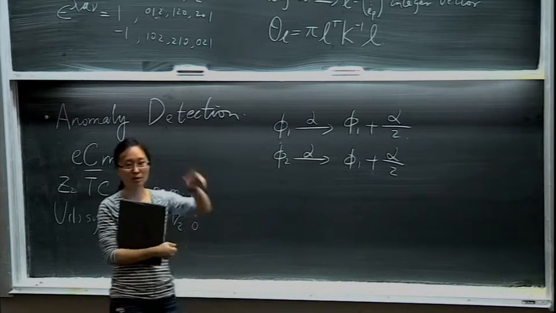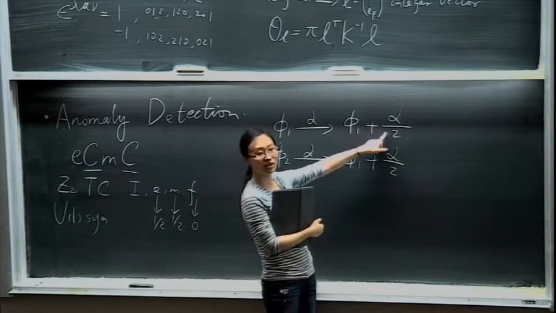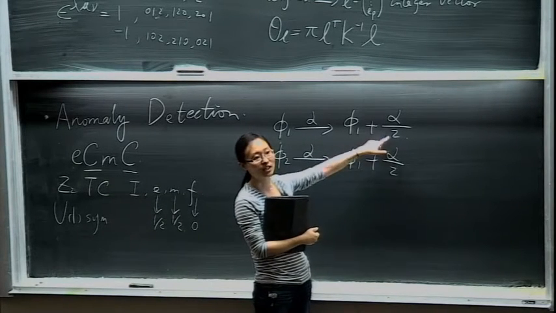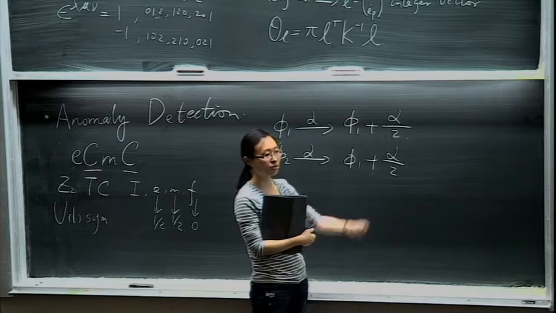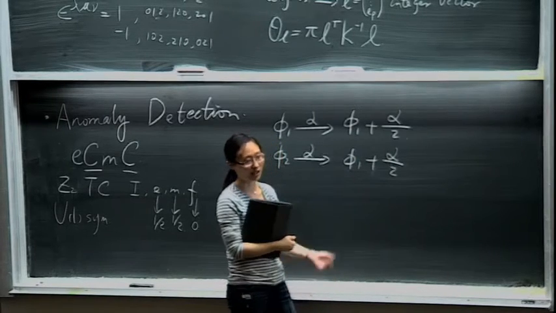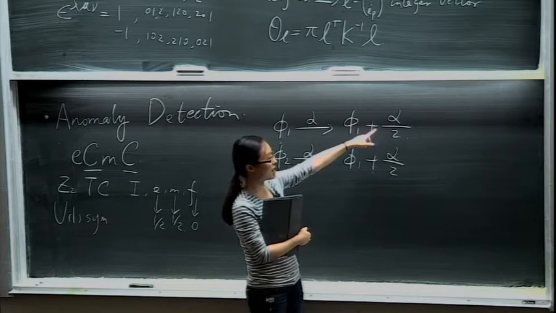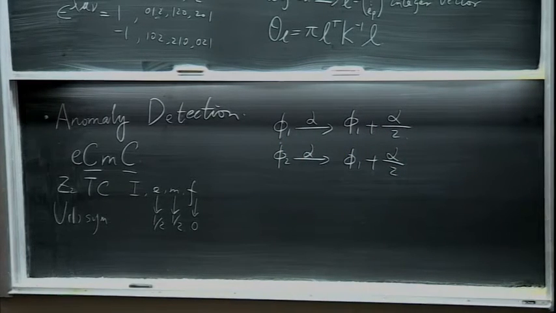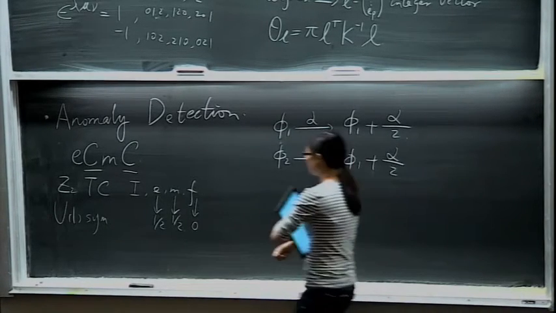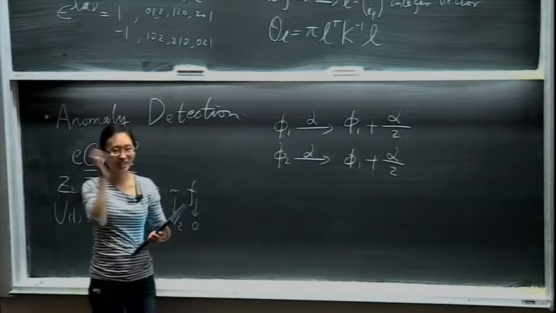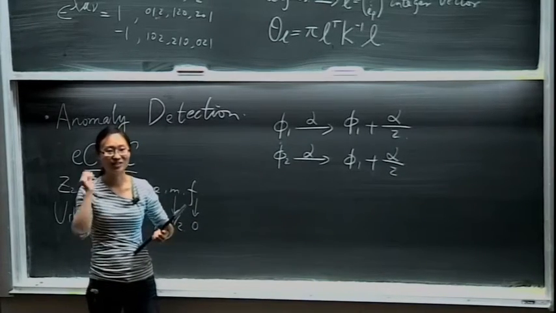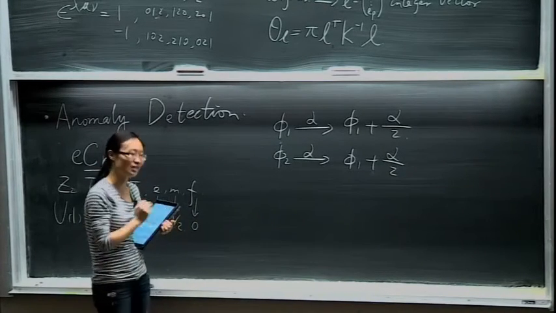So after a 2 pi rotation, there's actually a pi phase factor, and the quasi-particle accumulates a minus sign because it has half charge. So if alpha is pi, then it exactly goes back to the Z2 situation we talked about here. So this one we can write down with Chern-Simons theory. So when that is the case, we know it's definitely not anomalous.